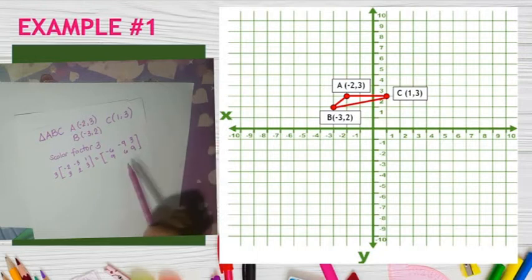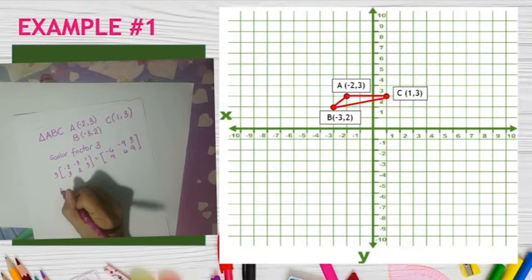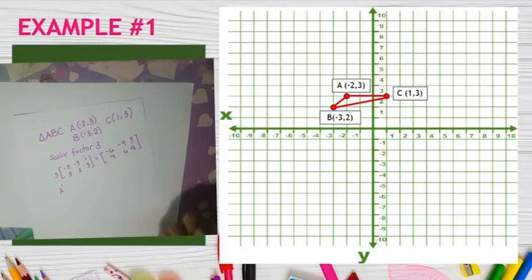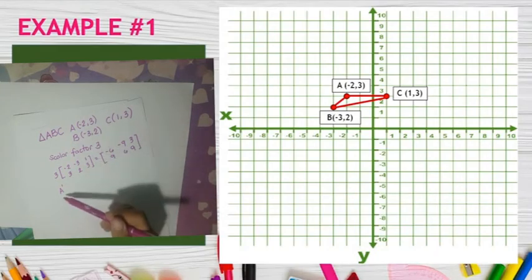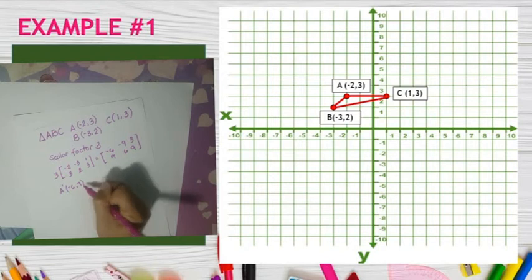Now that we have the dilated form of our matrix, we'll proceed in writing them back to their coordinate form. To identify the dilated form of our coordinates, we'll use the prime symbol for our given points. So point A will be A prime, and we'll have here -6 and 9.